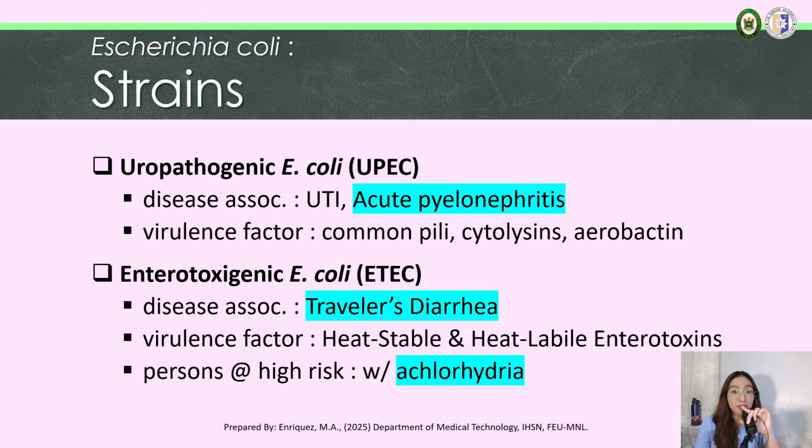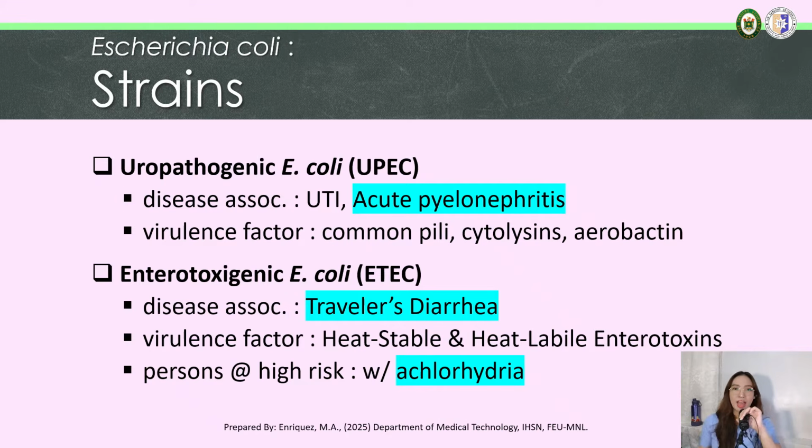So, kapag po itong isang traveler na to, for example, nakainom siya ng tubig galing sa lugar na ito, this individual will now develop diarrhea and itong ETEC po, yung strain, that was predominantly isolated from those cases of diarrhea. So kaya po naging ganon yung tawag sa disease, the traveler's diarrhea.